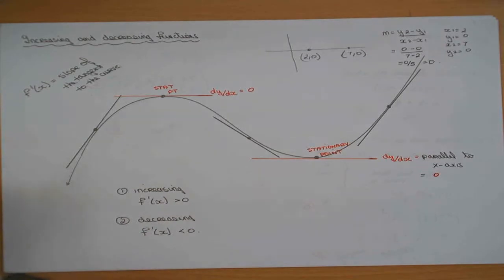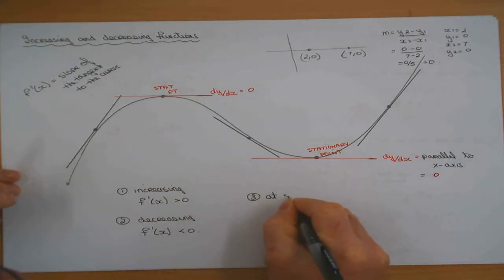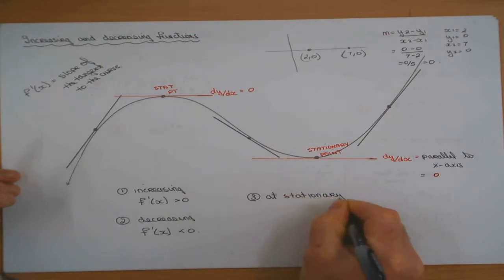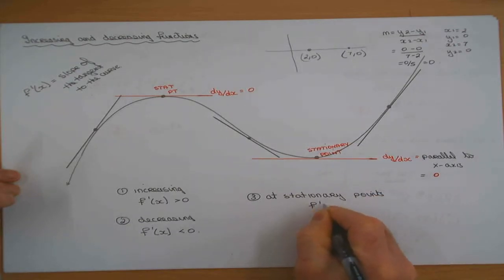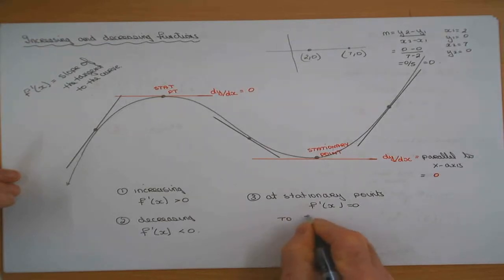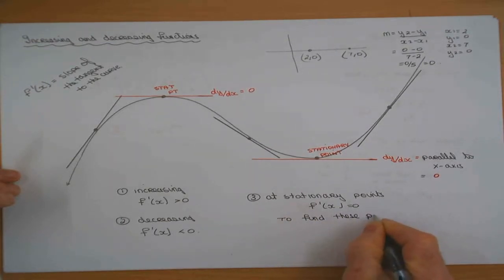Yes? So the third thing you've learned here is, at the stationary points, you know that f dash x is 0. So to find these points, what would you do?